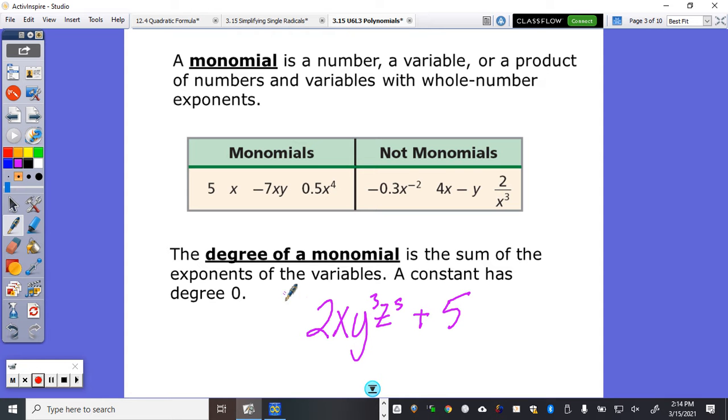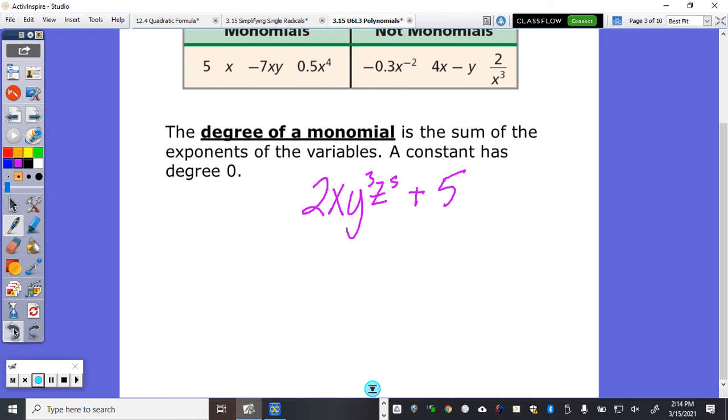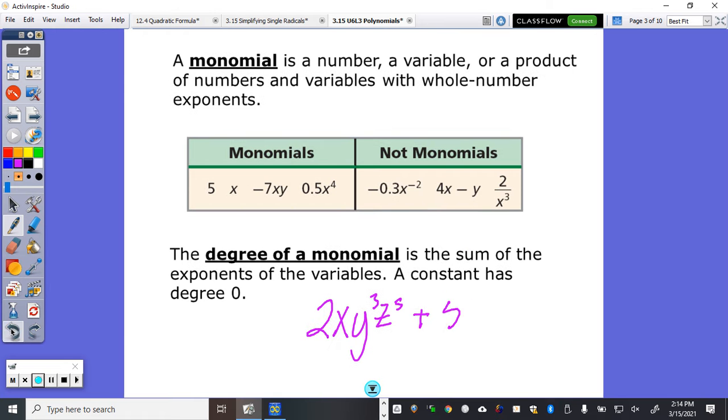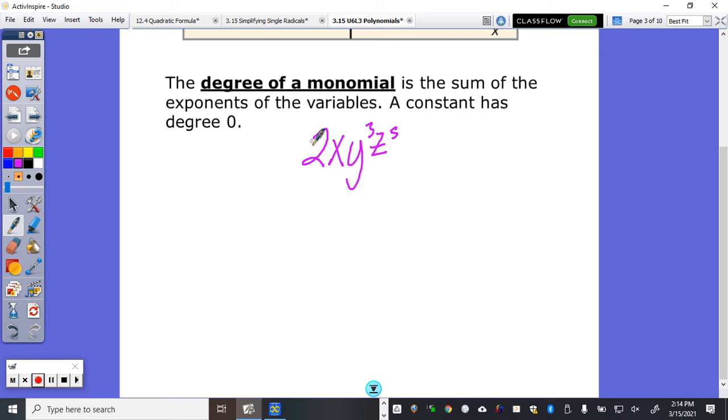But when we're talking about the degree of a monomial, let's take this 5 away. When I'm looking for the degree of a monomial, I only care about the variables, so I'm going to add the exponents together.